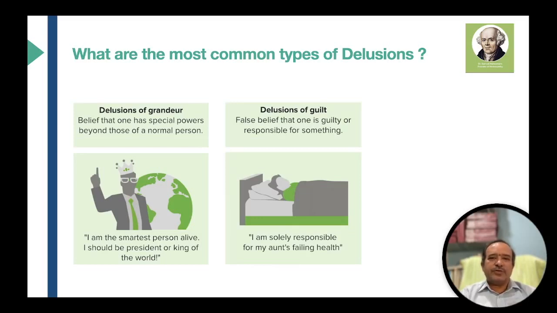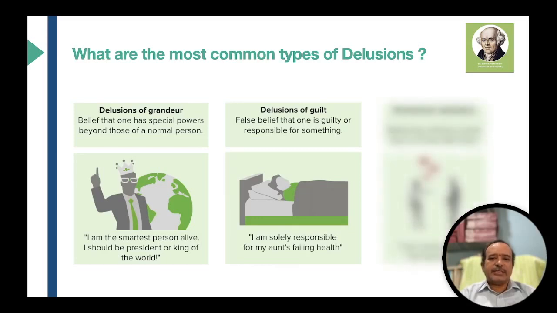This is a sort of delusion of guilt. If anything happens, the person thinks that because of me this has happened, because of me that project has missed, because of me someone has got some sort of pain, this group of delusions comes in the characterization of guilt.